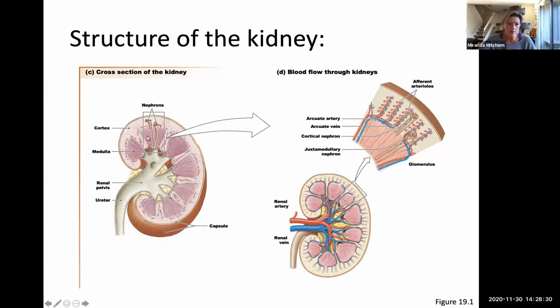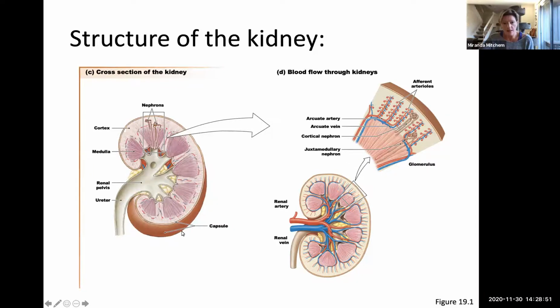And then in the medulla is where we will see the juxtamedullary nephrons. I'll point those out to you in a moment. But you can see that the kidney is organized into repeating units. We've got the same basic structure over and over again.